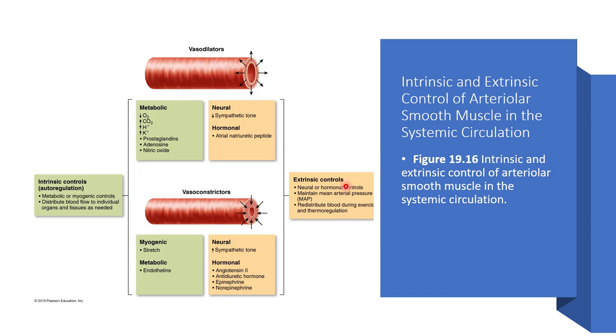In the extrinsic level, both neural and hormonal, the neural will have a decrease in sympathetic tone, and the hormonal, the atrial natriuretic peptide, will cause vasodilation and decrease blood pressure.